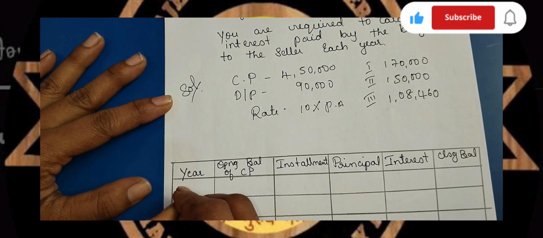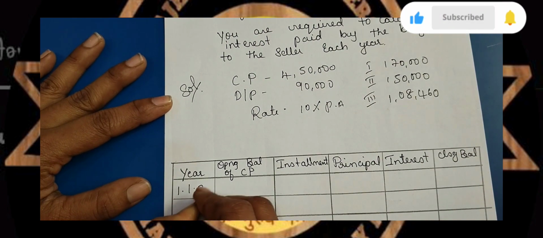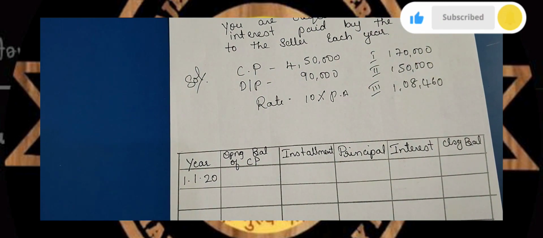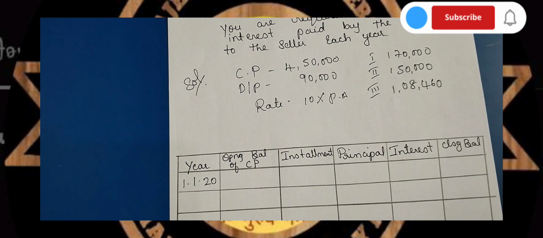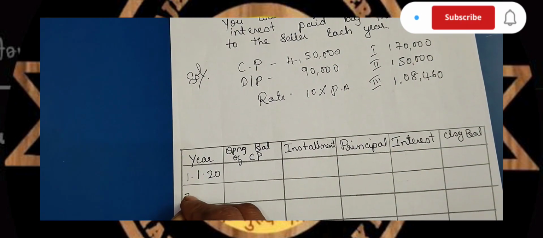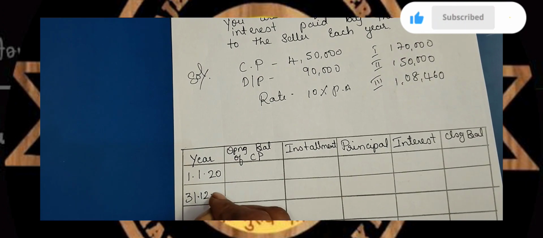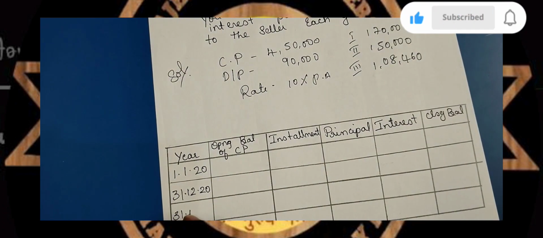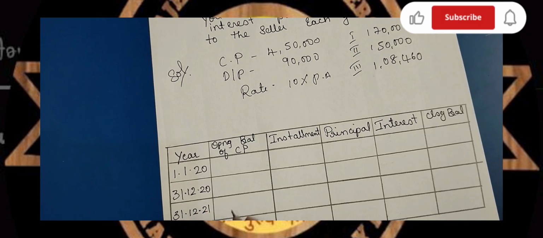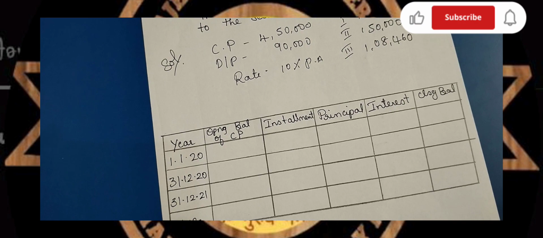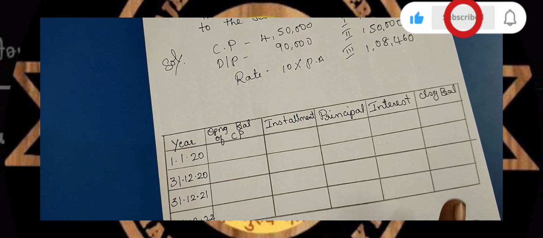He purchased on 1/1/2020 and is making installment payments every year end. So the first installment will be on 31st December 20, the second on 31st December 21, and the last on 31st December 22.